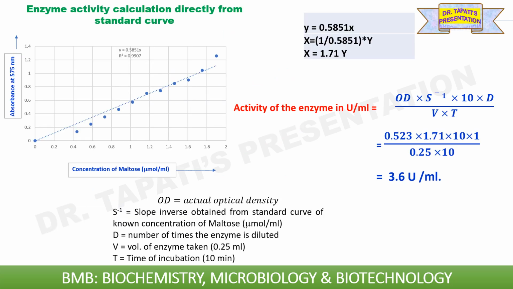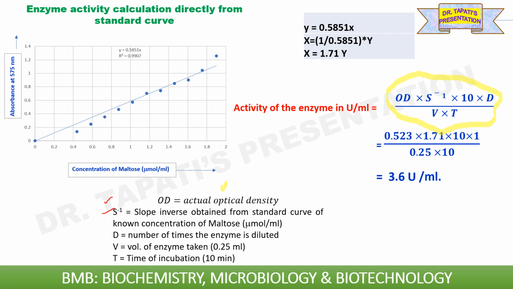If you don't want to calculate enzyme activity following the stepwise method, you can directly measure it following this equation: OD into slope inverse into 10 into D, divided by V into T. Here OD is equal to the actual optical density, and slope inverse, S to the power of -1, is the slope inverse obtained from the standard curve of known concentrations of maltose.